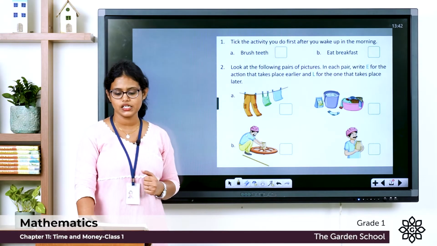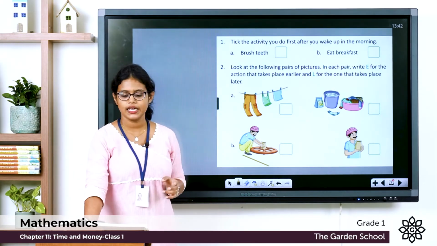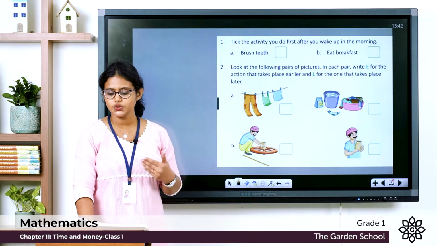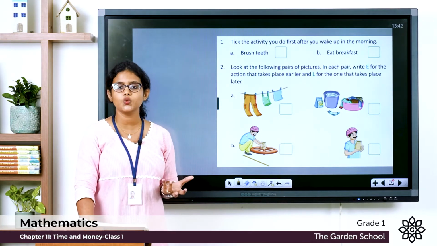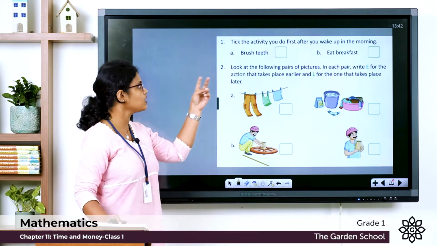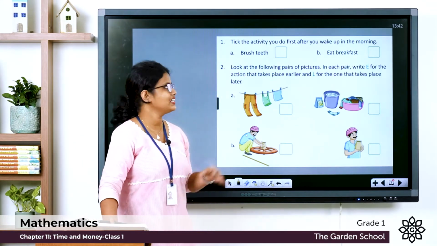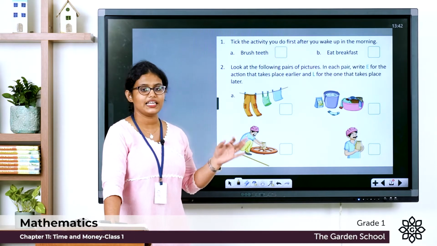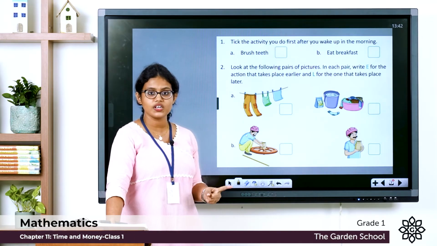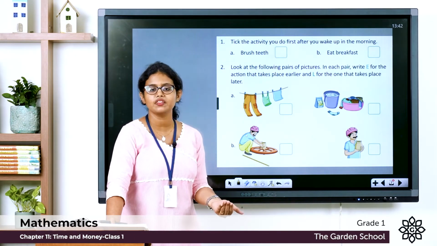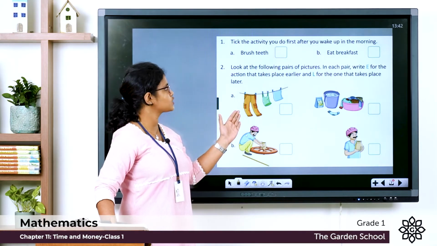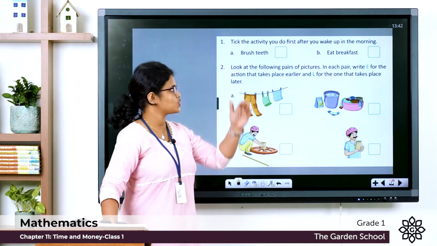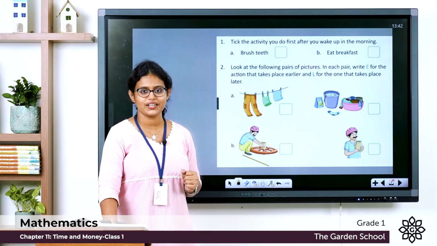Get set. So see the first question. Take the activity you do first after you wake up in the morning. So there are two options given. Brush teeth, eat breakfast. So you can take the activity that you do first after you wake up in the morning. Brush teeth, eat breakfast. So take the first one.